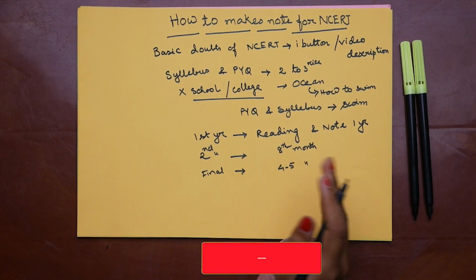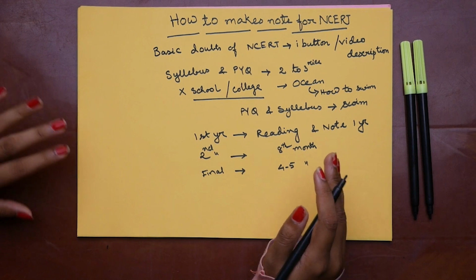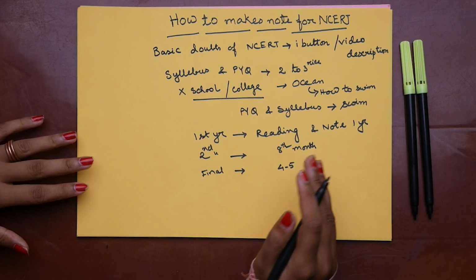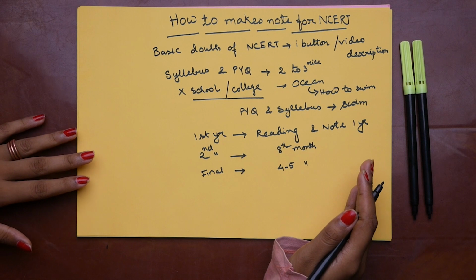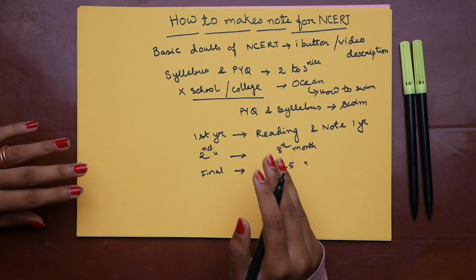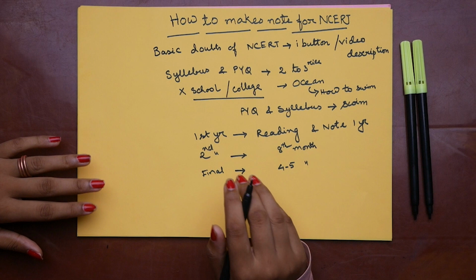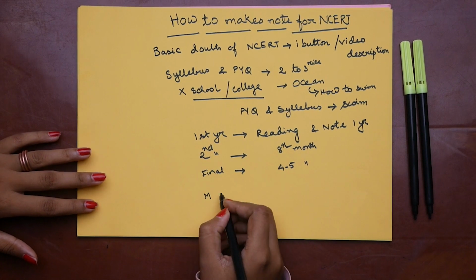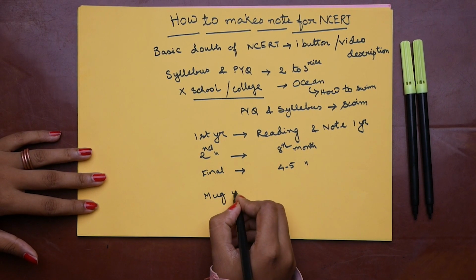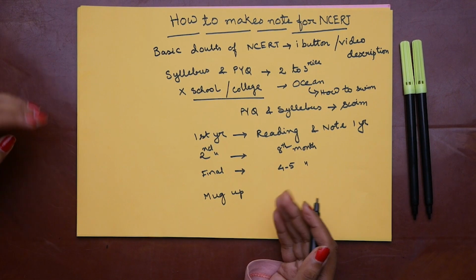Before note making, you should have basic clarity by reading the NCERT thoroughly and understanding the key concepts. Do not try to mug up all the stuff, else you will forget everything within a very short span of time.